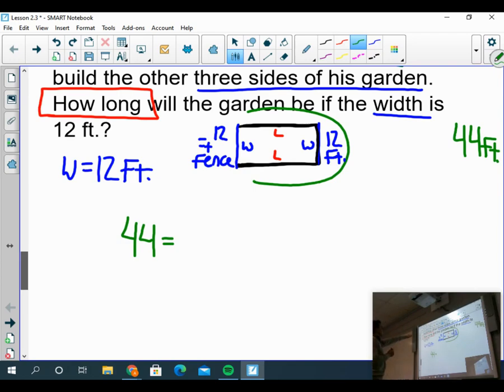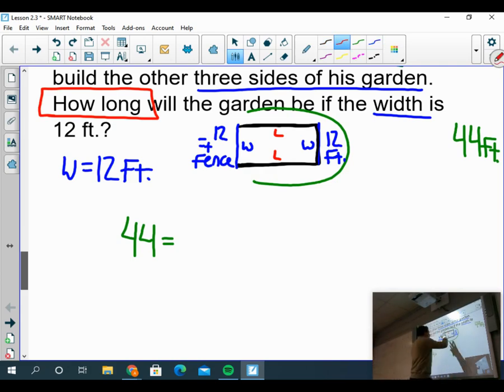And what I can see here is I'm trying to find the length of the sides of the garden, and I know I can't use more than 44 feet of fencing. Okay? Well, what is that 44 feet being made up by? Well, it's being made up by 3 sides. We've got 1, 2, and 3 sides making up that 44 feet. Let's be specific.